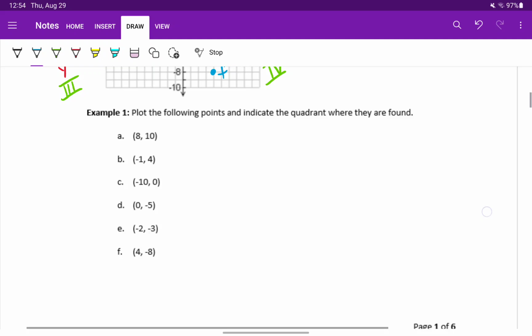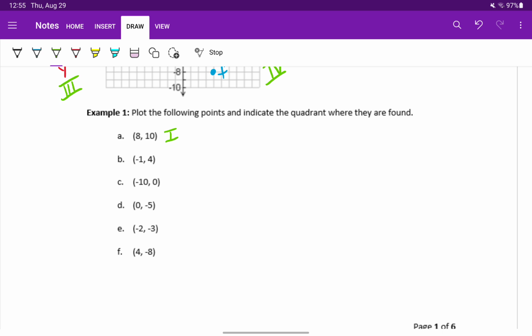Now we can talk about which quadrant these points are found in. We can do that by just looking at what we plotted, or by assessing what we know about the points and where x and y are positive and negative. For point A, we were in the first quadrant, which makes sense because both our x and y values were positive.